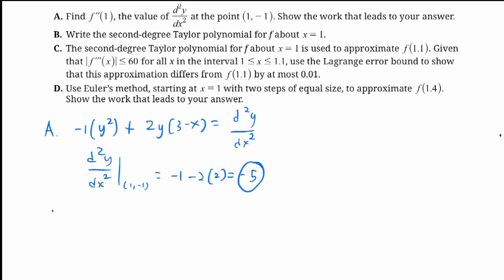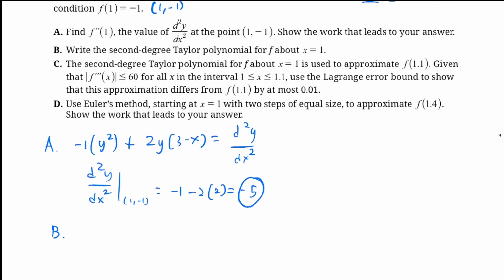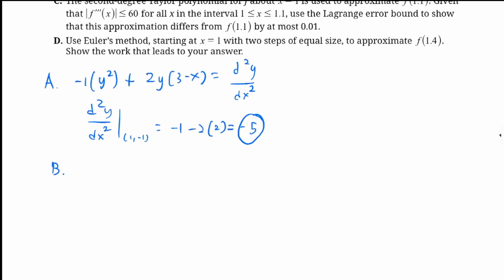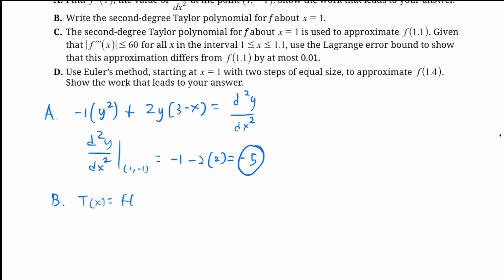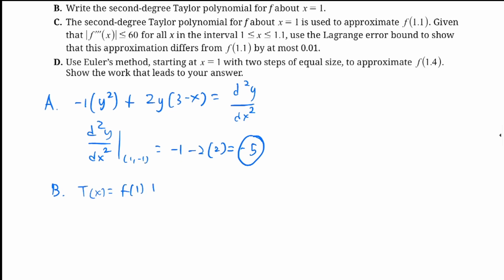Okay. So for part B, write the second degree Taylor polynomial for f about x equals 1. So remember that a Taylor polynomial is written in the form where we have f of a, centered at, where is it centered at? Centered at 1.